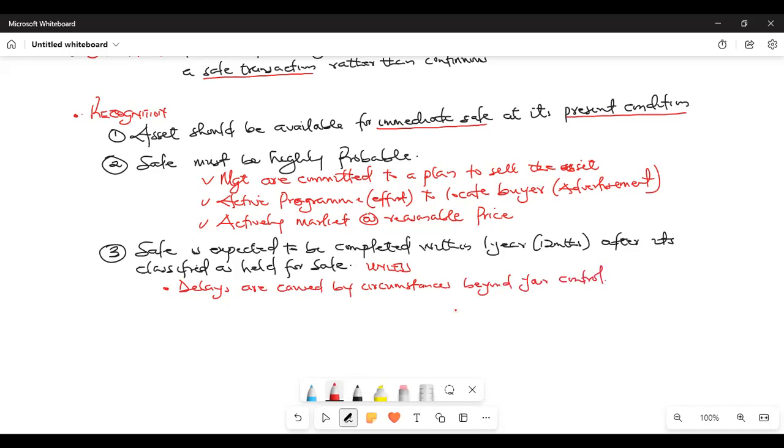And even where there are circumstances beyond the entity's control, there has to be still sufficient evidence that the entity still wants to sell it. Notwithstanding the delay beyond your control, the entity must prove that it still wants to sell the asset.